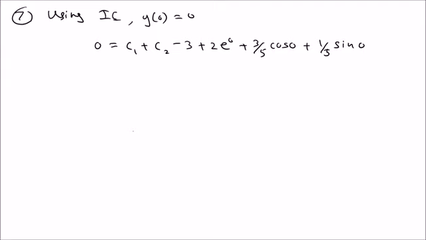Now we know that sine 0 is 0, cosine 0 is 1, e^0 is also 1. So this is going to give you an equation.